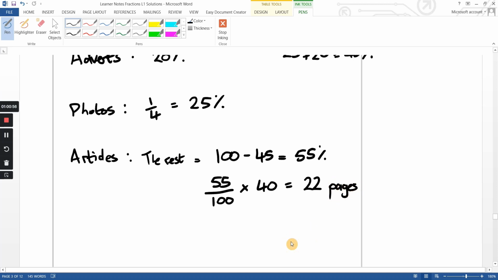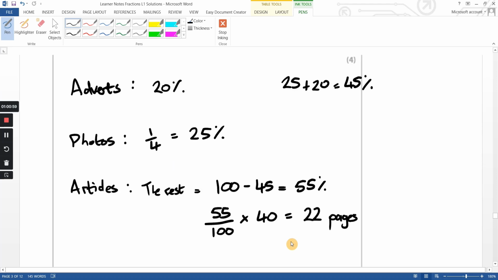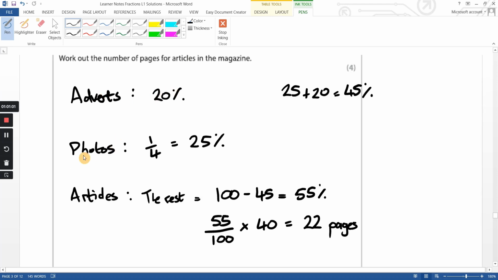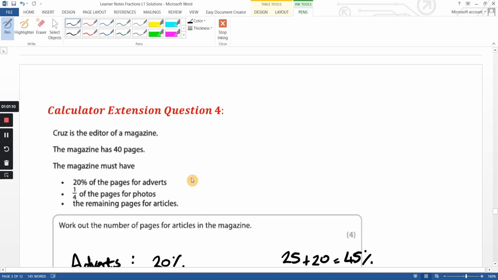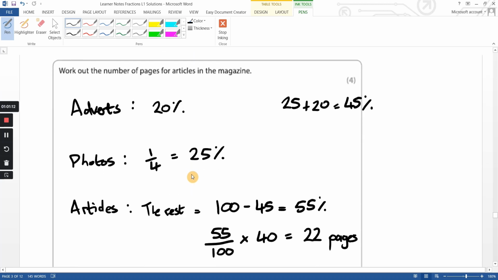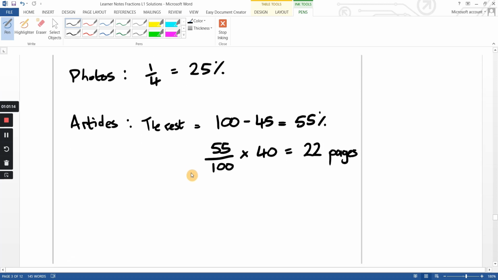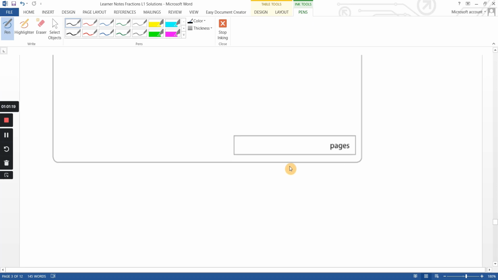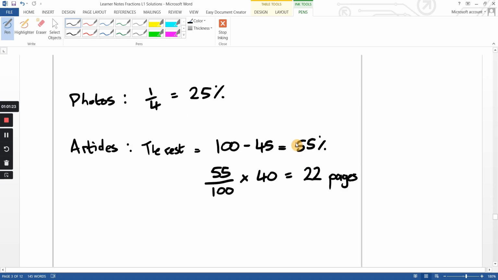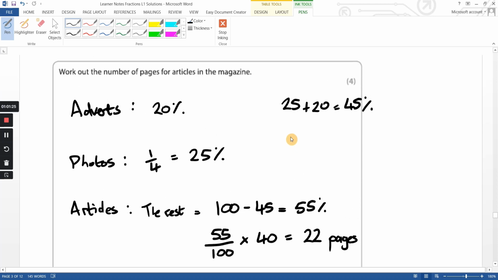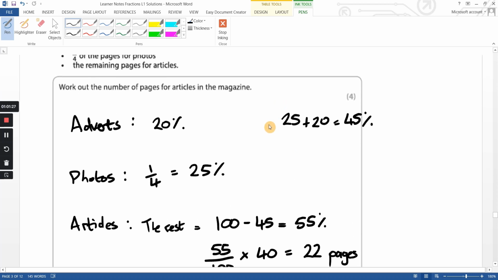Yep, that's one way of doing it. I could have worked out how many pages I need for adverts, how many I need for photos, and then take it away from 40. That would have left me with how many pages for articles. There's so many ways of doing these. It's just personal preference, to be honest. It totally depends on how I'm feeling, what my gut feeling is.